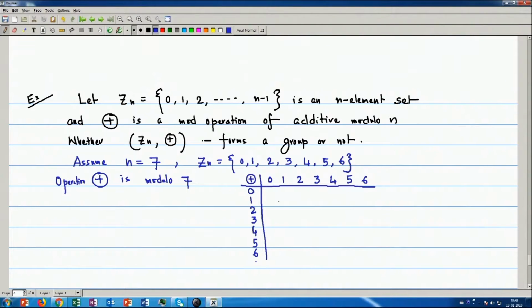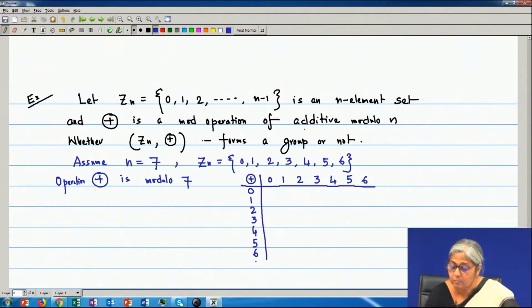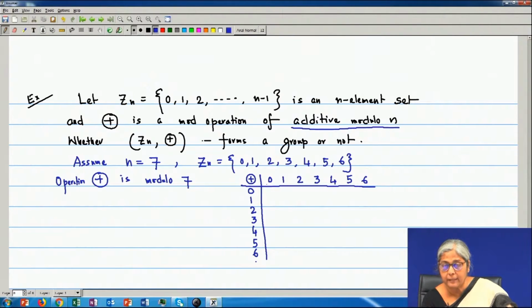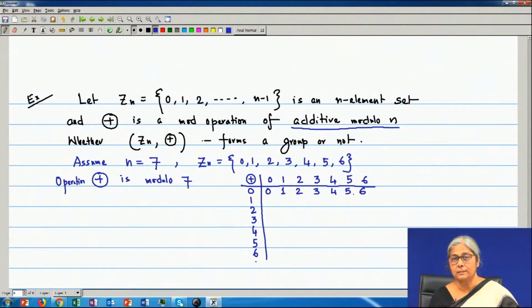Because it is additive modulo n, that means every time we add, divide by 7 and take the remainder. So 0 plus 0 divided by 7 is obviously 0, then 0 plus 1. Since 0 is my identity element, I will get 1, 2, 3, 4, 5, 6, because all are less than 7.